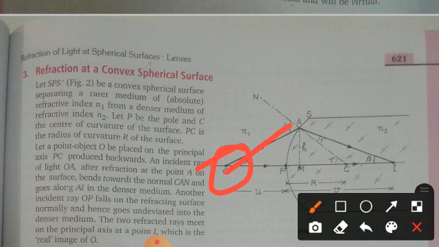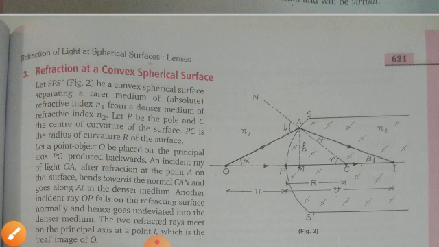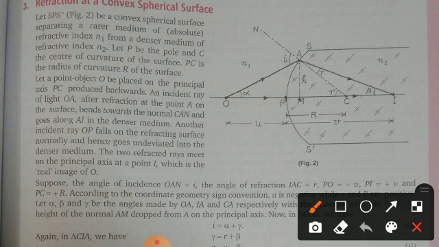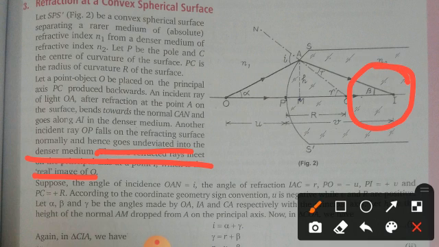In the denser medium, another incident ray OP, you can see here O to P, falls on the refracting surface normally and hence goes undeviated into the denser medium. So you know very well, when a light ray normally falls on a lens or a mirror, then it goes undeviated or parallel to the principal axis. The two refracted rays meet on the principal axis at point I, which is the real image of O. Where are they meeting? At this point I, and there is the formation of a real image.